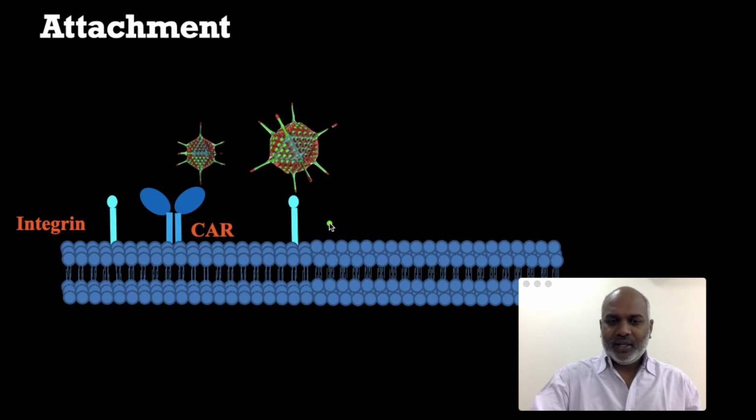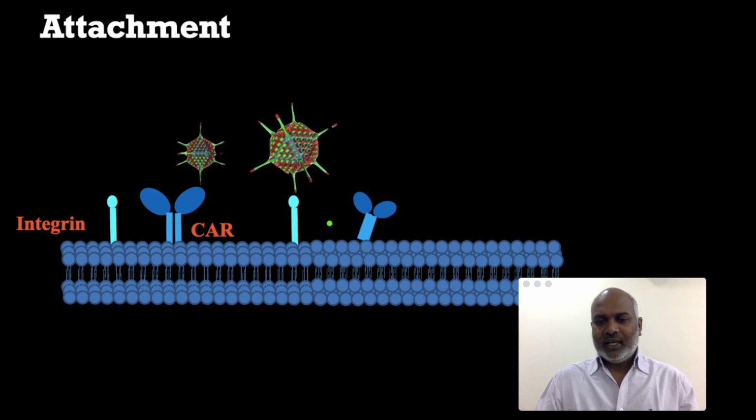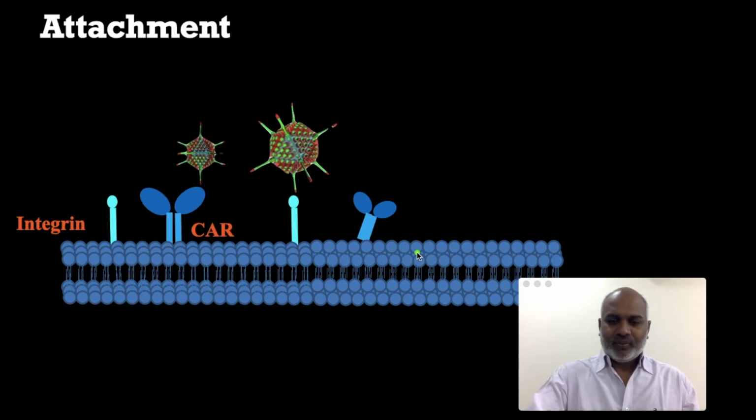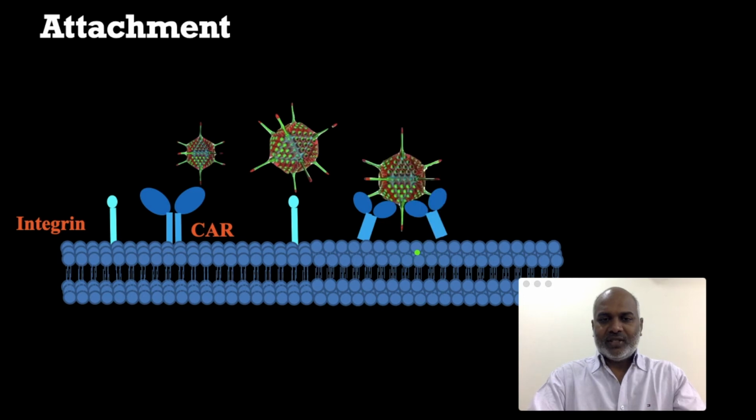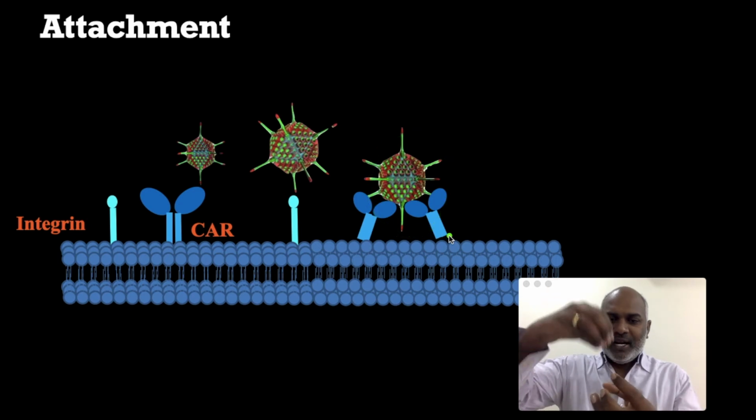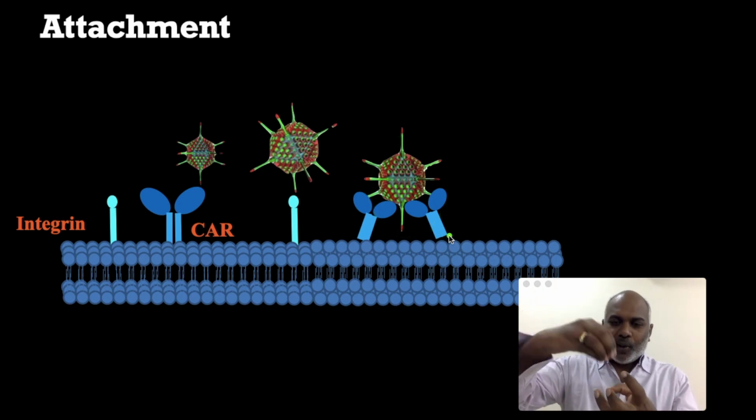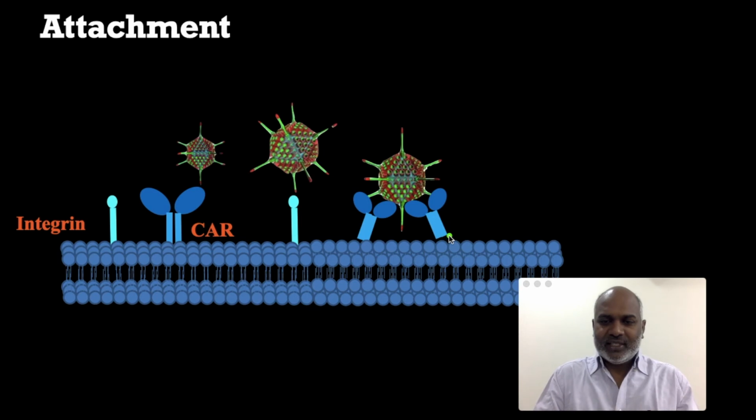Then slowly it moves towards the CAR protein, Coxsackie adenovirus receptor. So the CAR will be acting as a receptor site for the adenovirus and integrin will be acting as a co-receptor. Then because of electrostatic interactions, this virus slowly gets embedded inside the CAR proteins, just like a lock and key mechanism.